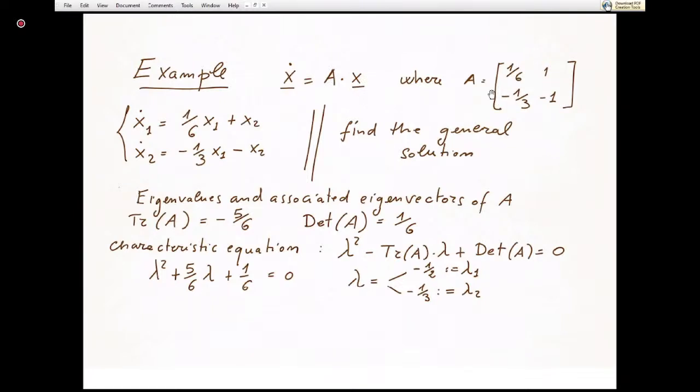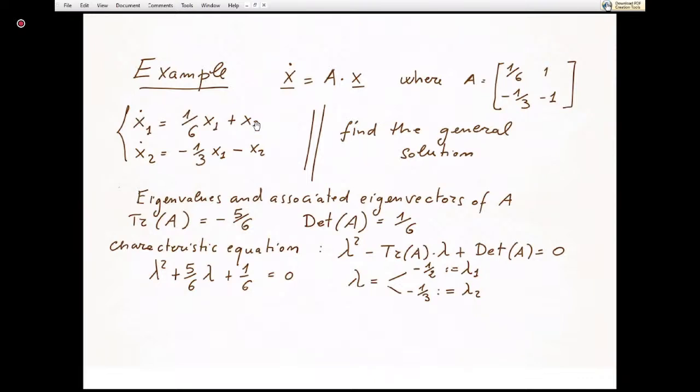Now, consider this simple example. The matrix is 1/6, 1, minus 1/3, minus 1. X dot is equal to AX. I write down the system. X1 dot is equal to 1/6 X1 plus X2.